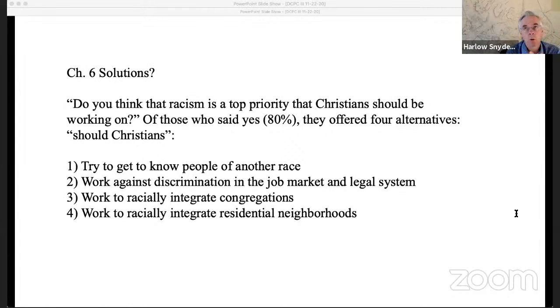One or two, even relatively close cross-racial friendships they found did not have much effect on racializing attitudes. One of the things that they did find, and this was based on another sociological study, is that if a white person is part of an interracial network of relationships, not just one-off relationships, that makes a difference.